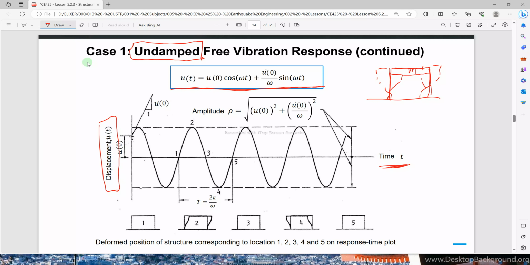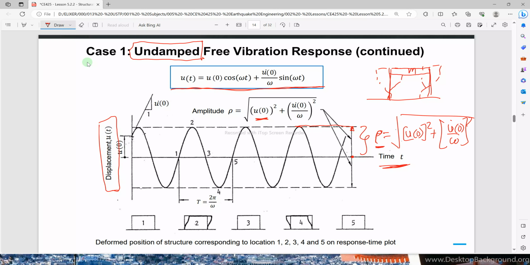So we have our amplitude here. The amplitude is measured from 0 to the highest point, the peak of our cycle. We have a cycle here, and this is our amplitude. The amplitude is just equal to the square root of the square of u0 plus the square of u dot 0 over omega.